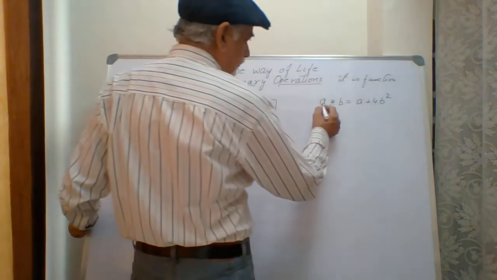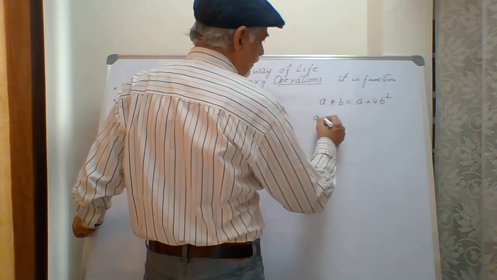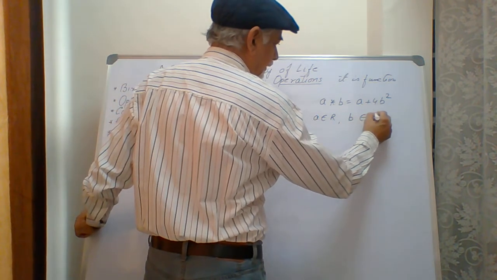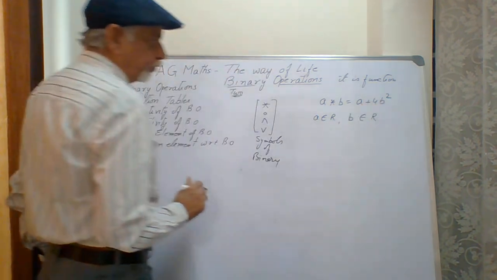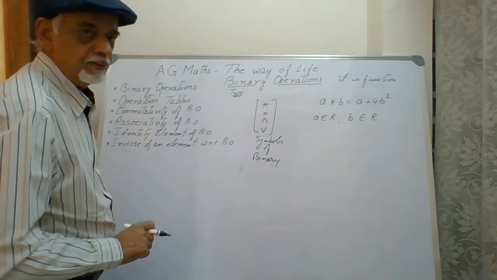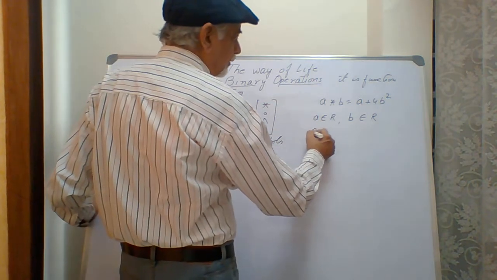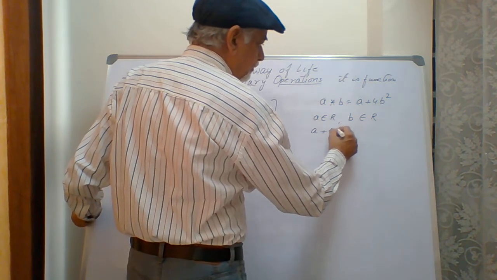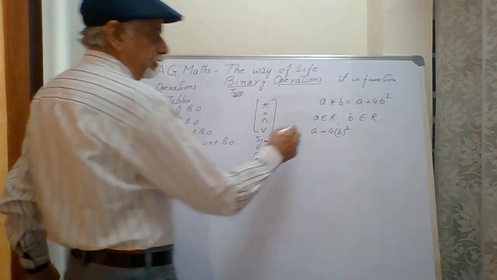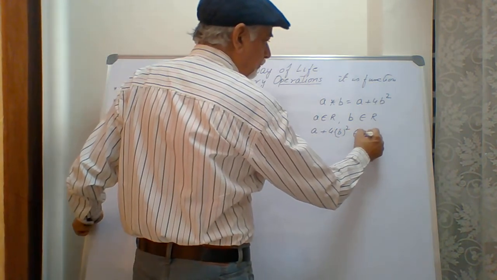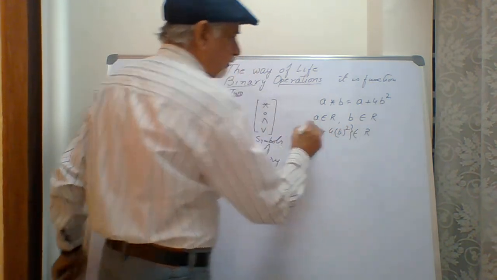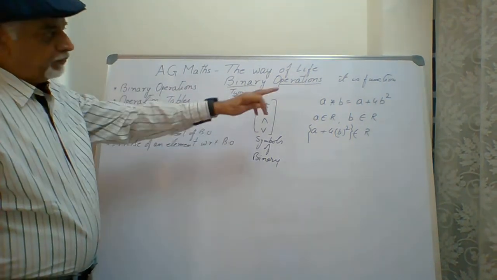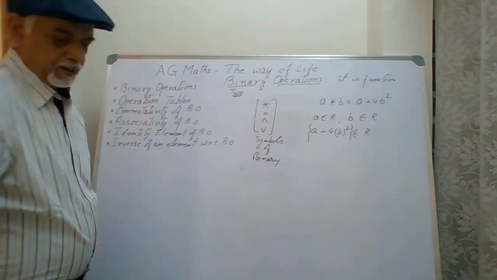A belongs to real numbers, B belongs to real numbers, then whether A plus 4B square will also belong to the real number set? Yes, it will belong because A plus 4 is a real number and B getting squared will also remain a real number. So this whole thing will belong to the real numbers. So we see that a real number, binary to a real number, will give me a result of a real number.